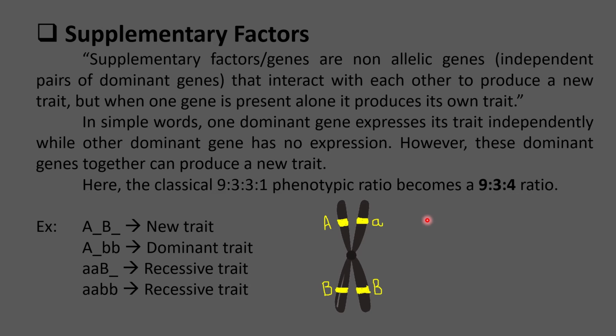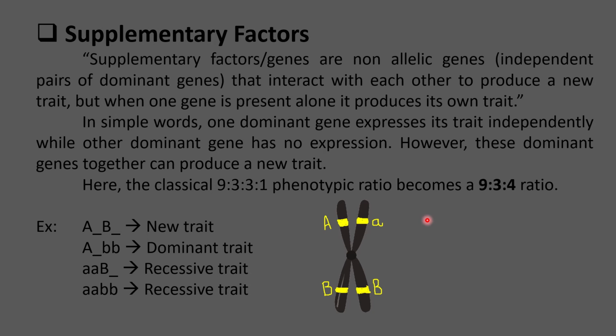So here supplementary factors or supplementary genes are non-allelic genes, which means they are independent pairs of dominant genes. Obviously, this topic, supplementary factor inheritance or supplementary gene interaction, comes under non-allelic gene interaction.